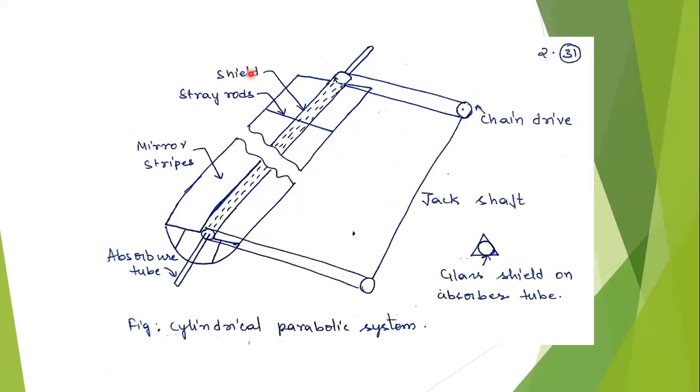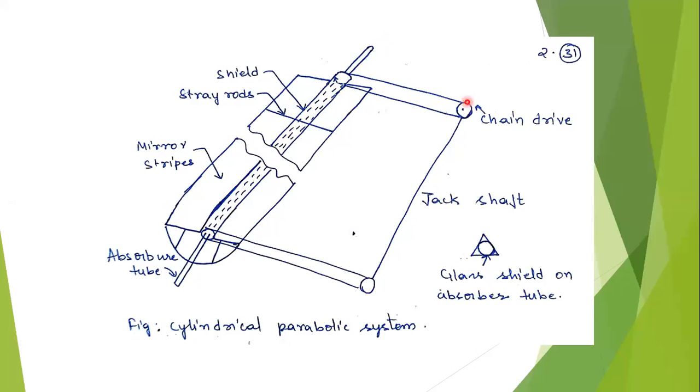See, this is the cylindrical parabolic system. This is the parabola here, and this is the pipeline. In this parabola, we have mirror strips. This is the absorber tube, and this is the absorber's shield. These are the stray rods.